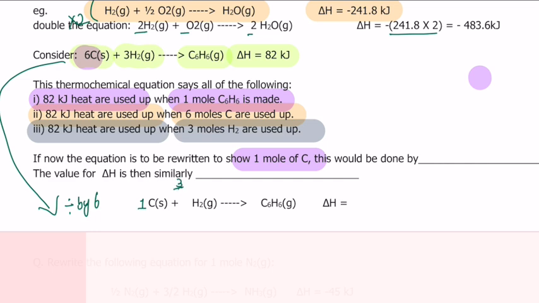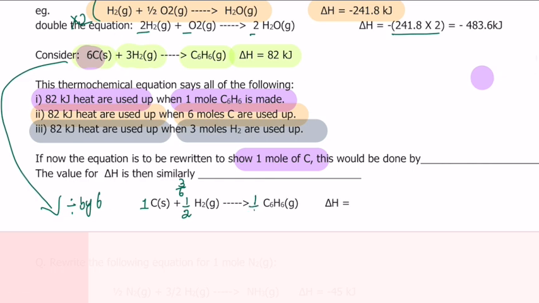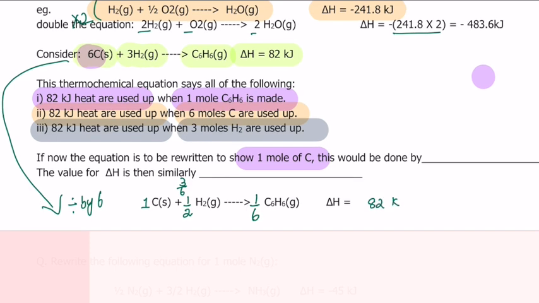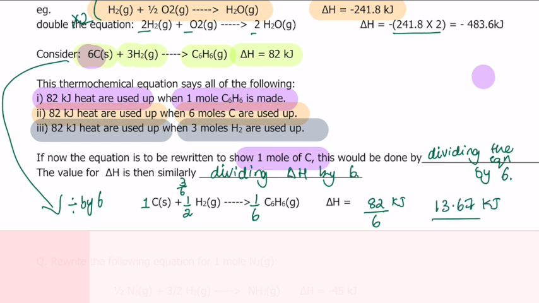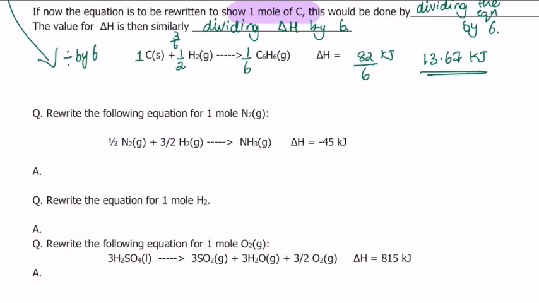So you would have 1 mole of carbon left. 3 divided by 6 would give you half H2 and 1/6 mole of benzene would be produced. And in that case, you would also take the delta H value and divide that by 6. So this is done by dividing the equation by 6 and similarly dividing delta H by 6. So what is that? 82 divided by 6 is 13.66 kilojoules.